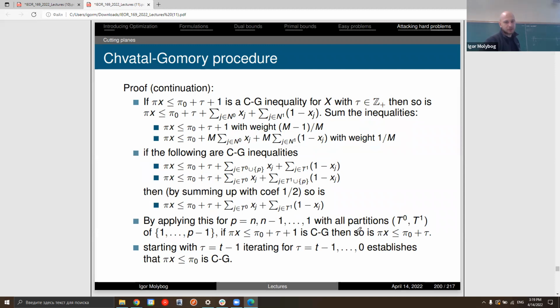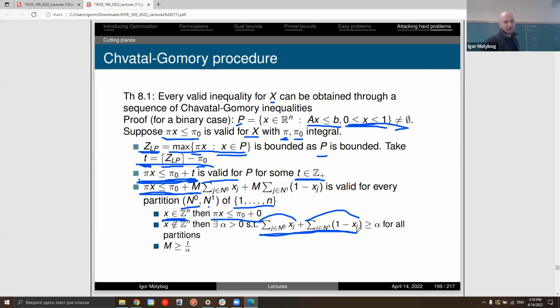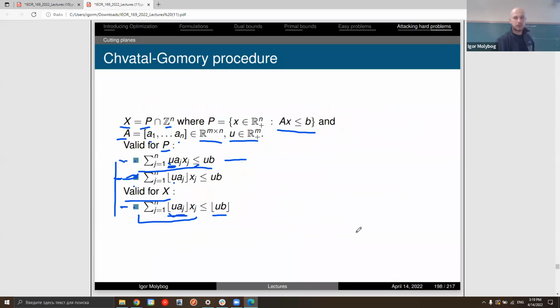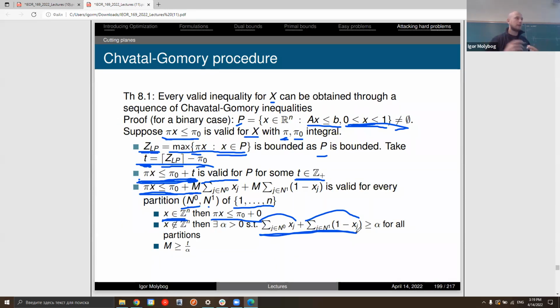The aim is to show that this inequality, pi x less than or equal to pi 0, is possible to construct from this set of inequalities by applying the CG procedure over here. Yeah, so this is the final aim.